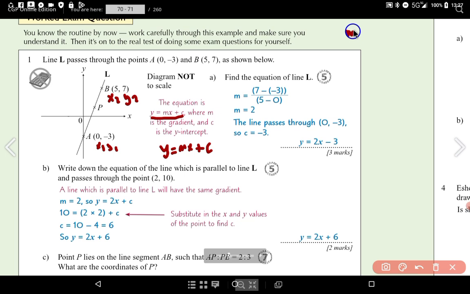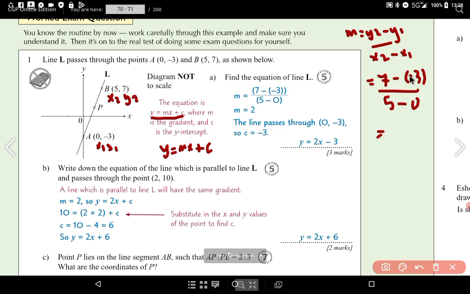So we say that gradient is equal to y2 minus y1 over x2 minus x1. y2 would be 7, y1 would be -3, x2 is 5, minus x1, which is 0.